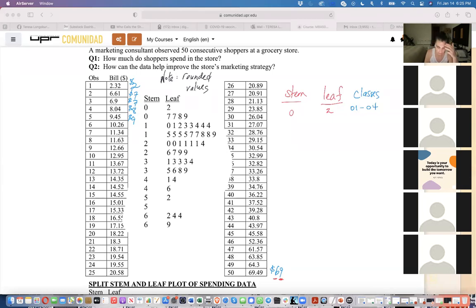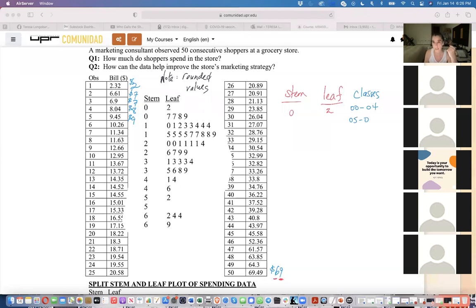Wait, no, I did that wrong. It has to be 0. So there's 5 values.